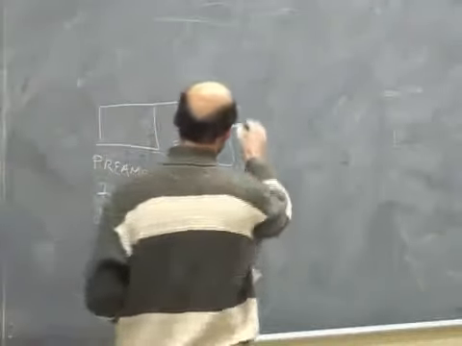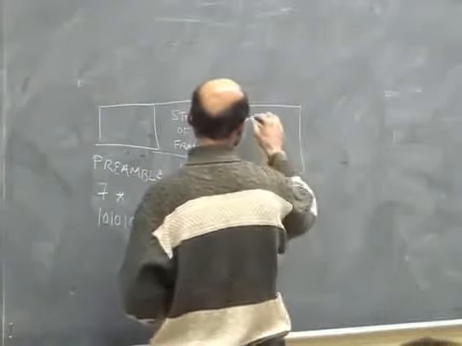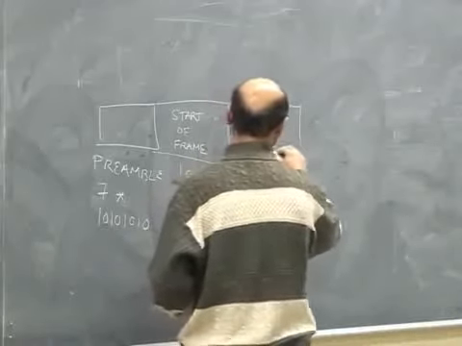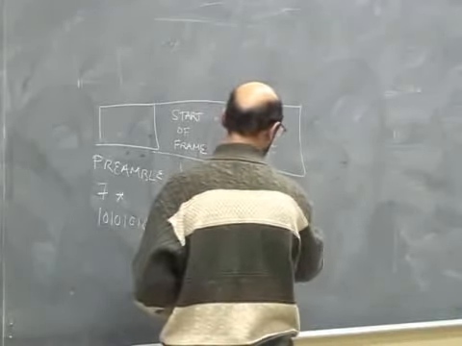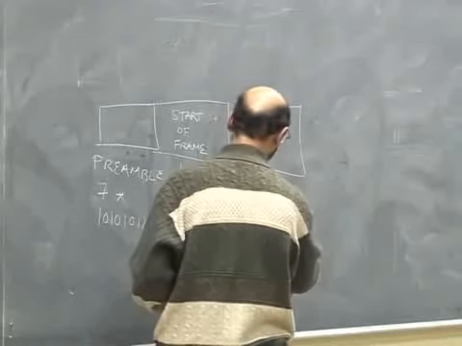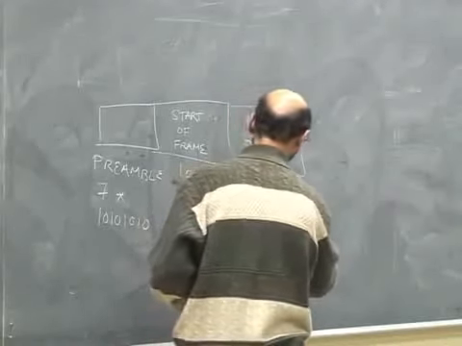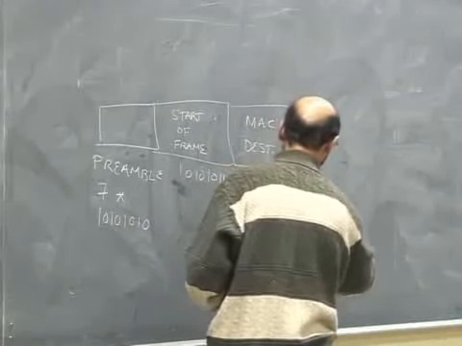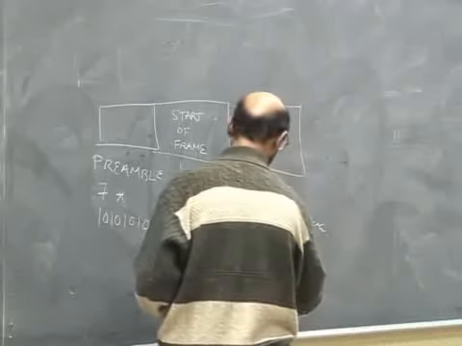What is the data? Well, we have a MAC destination. So we need the destination address. And this is 6 bytes. And if you remember, the 6 bytes are 3 bytes for the manufacturer ID, and then 3 bytes for the serial number.